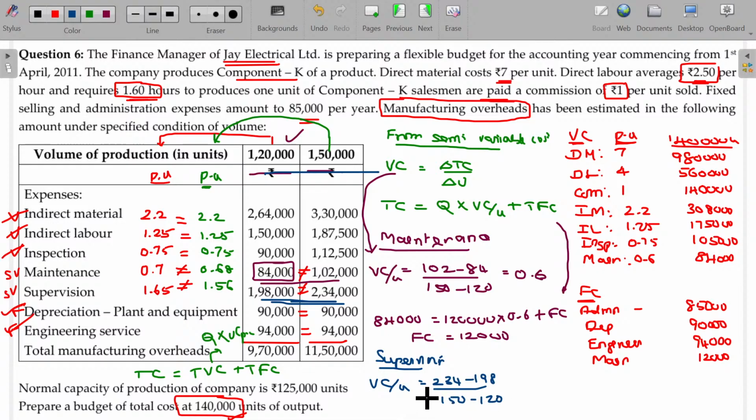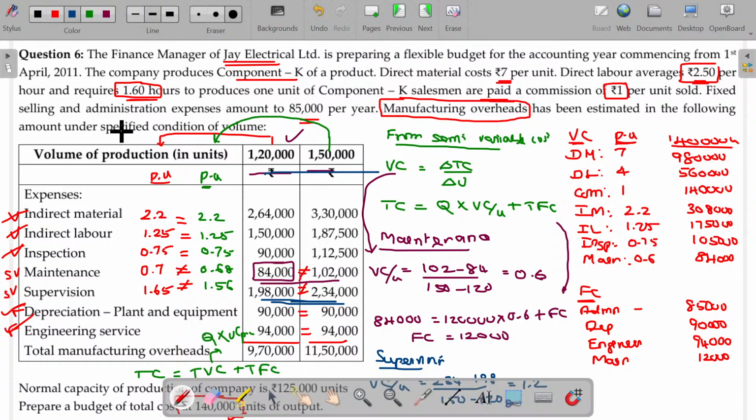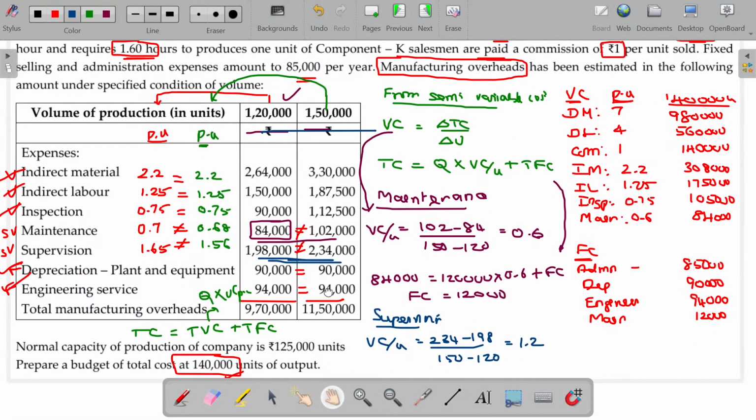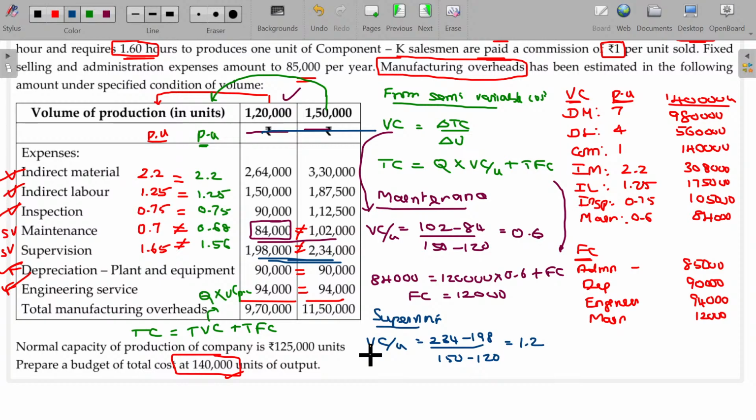Don't say it's negative or positive and all. Okay. What is the ultimate value here? 1.2. So 1.2. Now by applying the second formula, I can get the fixed cost. The total cost for 120,000 units in case of supervision is 198,000.